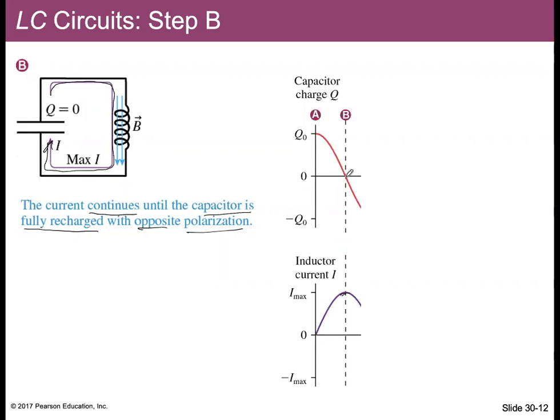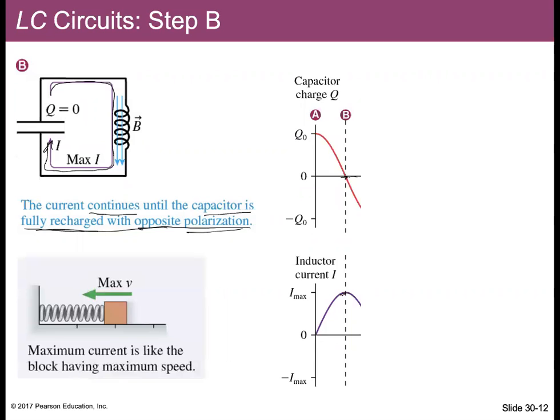At that point, at point B here, the capacitor charge will be 0. So the inductor current will reach a maximum when the capacitor charge is 0. And then it will continue in the opposite direction until the capacitor is fully recharged with opposite polarization.